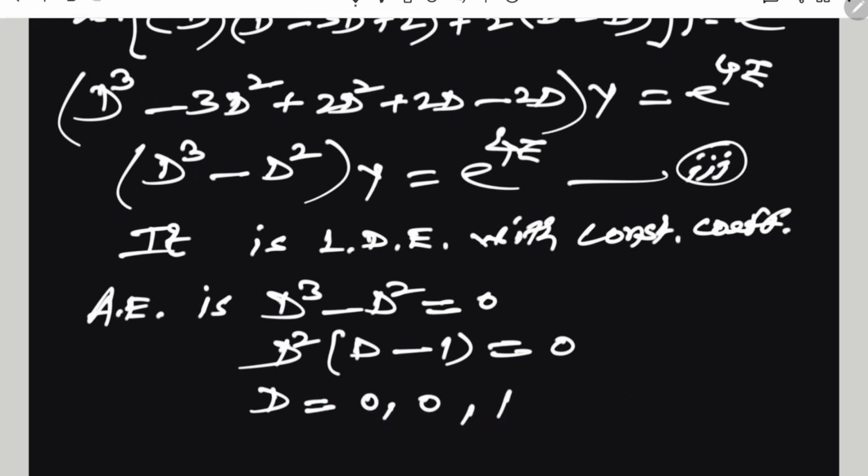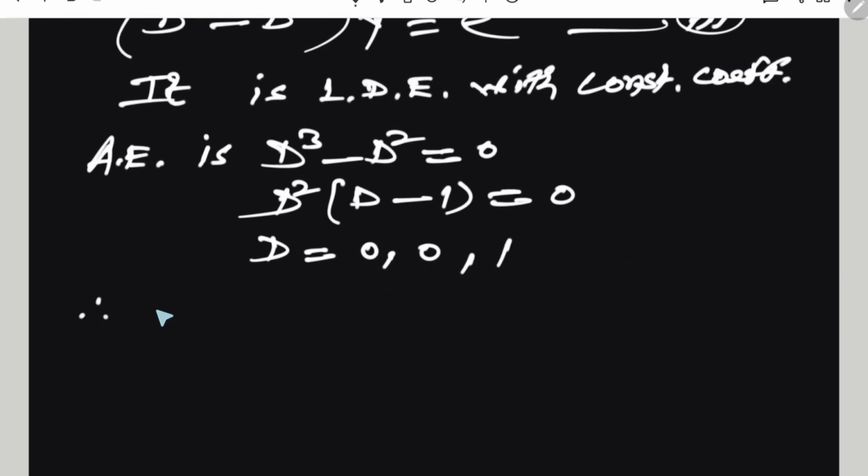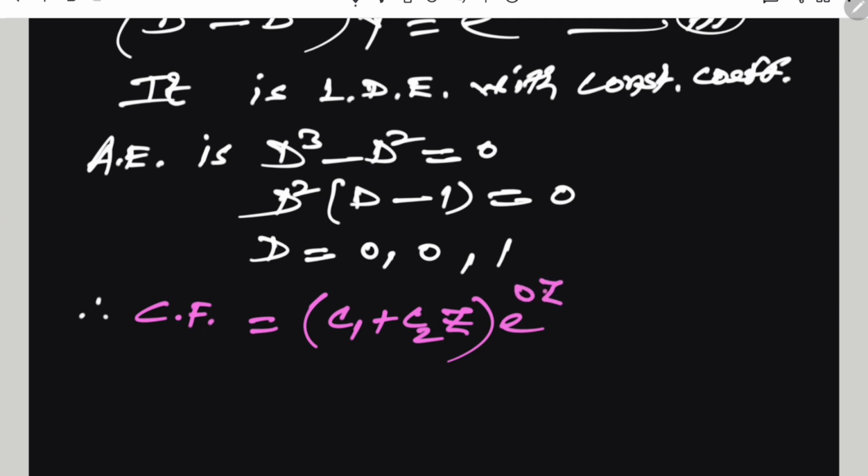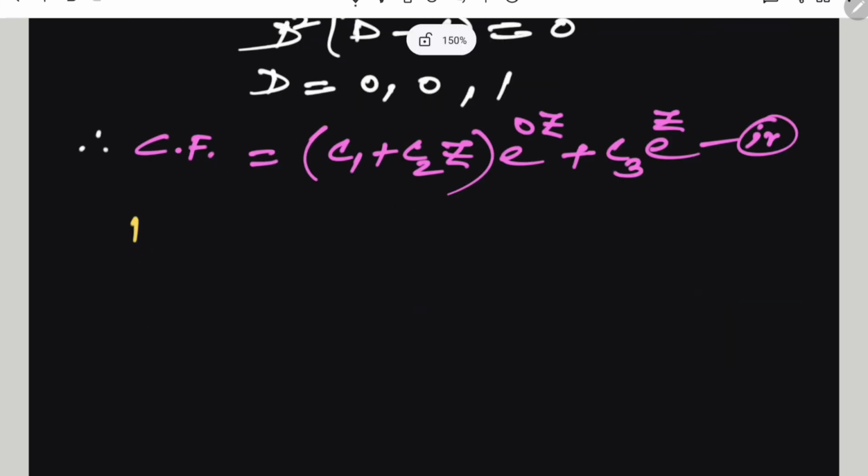Therefore, CF becomes C1 plus C2 z for repeated roots into e raised to 0z, plus C3 e raised to z, and we call this equation number 4, CF.